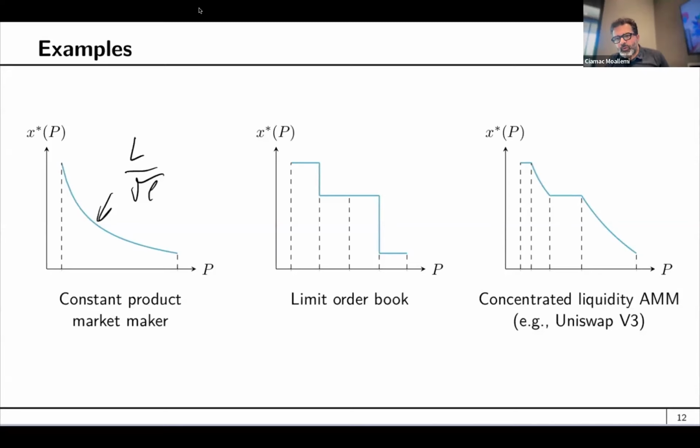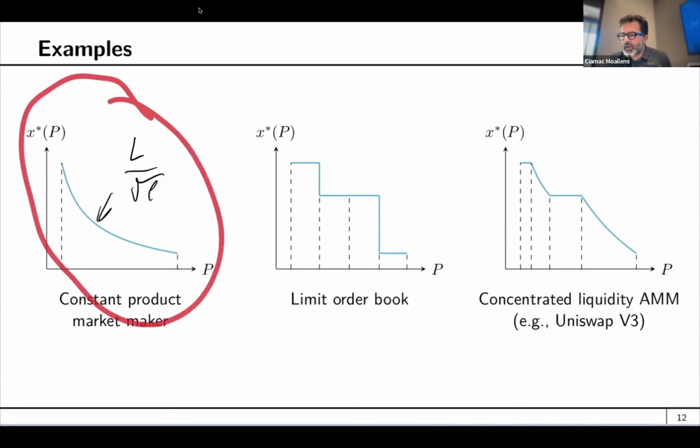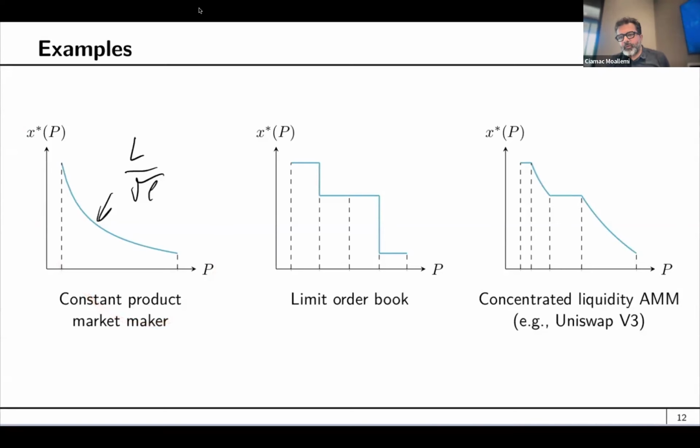I think the real way to think about what's going on under the hood is through the idea of convex analysis and duality, and that gives us this object of a monotone decreasing liquidity demand curve. In some sense, they're equivalent, but in ways that we're going to see in the third part of the talk, the demand curve viewpoint is much more amenable to dynamic analysis. So I will end here.